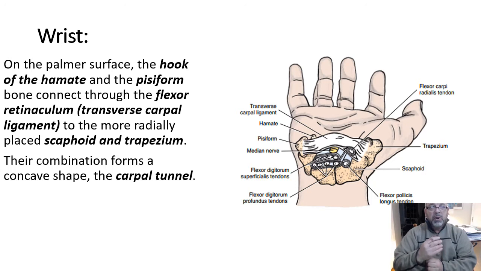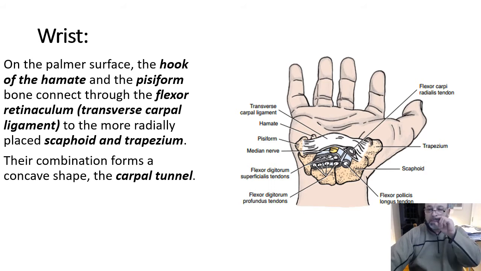It goes from the hook of the hamate and the pisiform on the ulnar side, and wraps over to the radial side to the scaphoid and trapezium. That helps to form the transverse carpal ligament, otherwise known as the flexor retinaculum. The combination of having this wrap over forms a tunnel below, which we call the carpal tunnel.